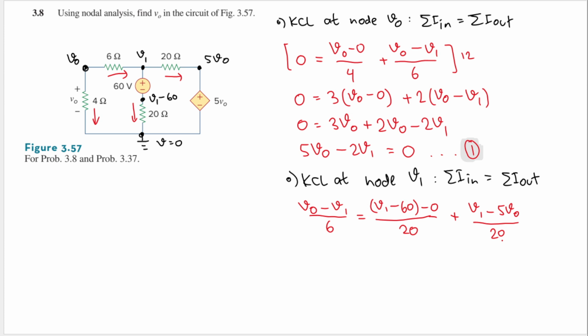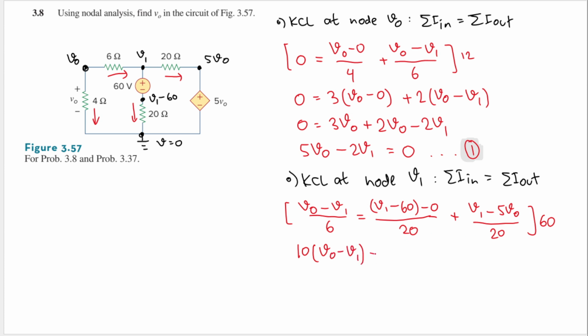I think we can multiply both sides by 60. 60 will be good, because all the denominators will be cancelled. So 6 and 60 will cancel into 10, so I have 10 times (V0 minus V1).